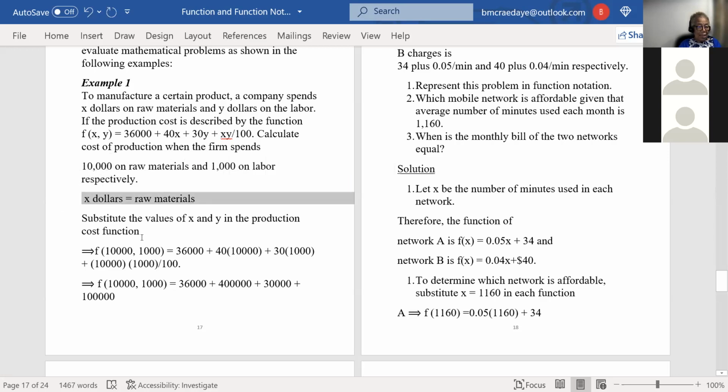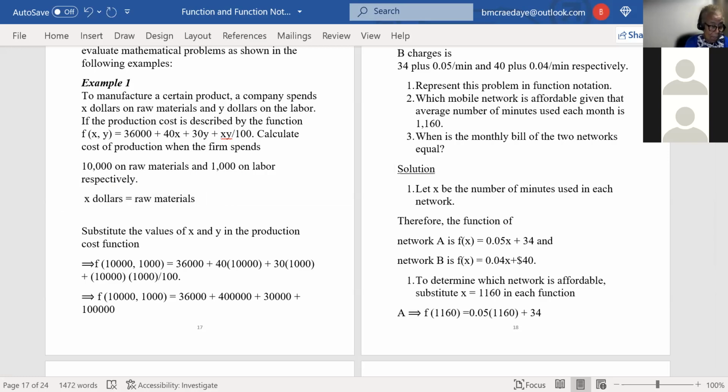And Y dollars is labor. So let's just put that there. Y dollars equals labor. So that's raw materials, labor, we'll just put cost here. Labor cost, and X dollars is raw materials cost.